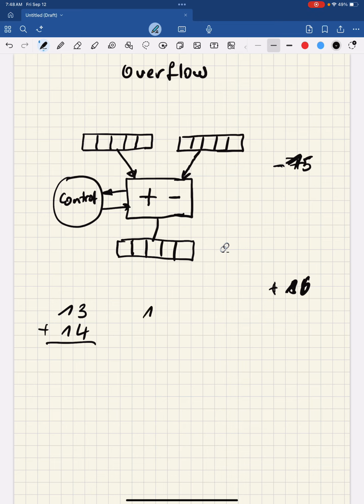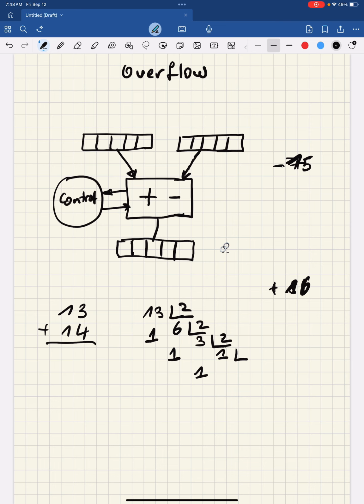To represent 13, we take 13 and divide it by 2. It gives us 6 with a remainder of 1. Then we divide 6 by 2, it gives us 3, with a remainder of 1. We take the 3, divide by 2, it gives us 1, with a remainder of 1.